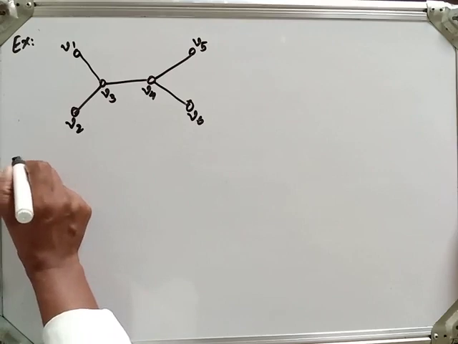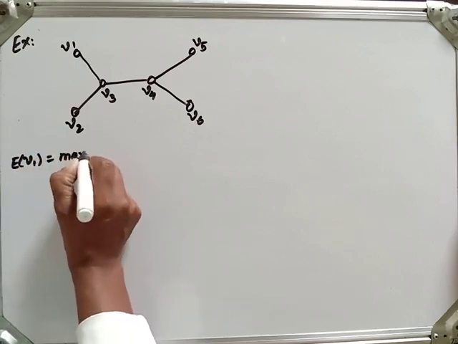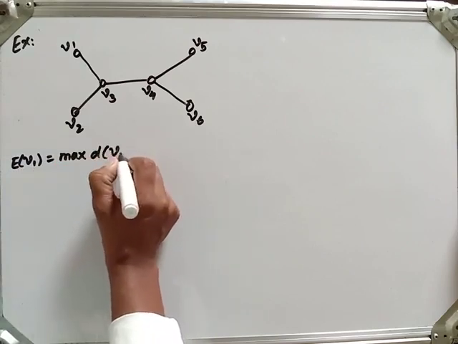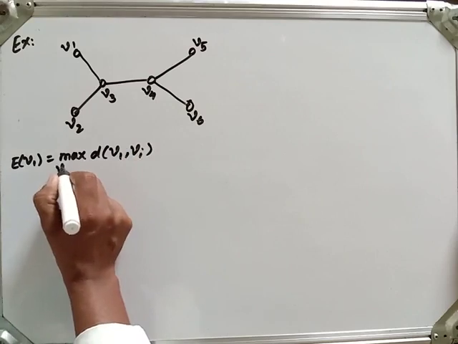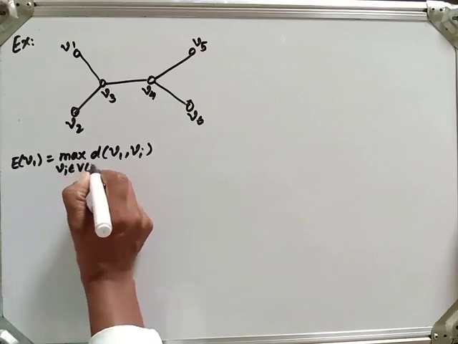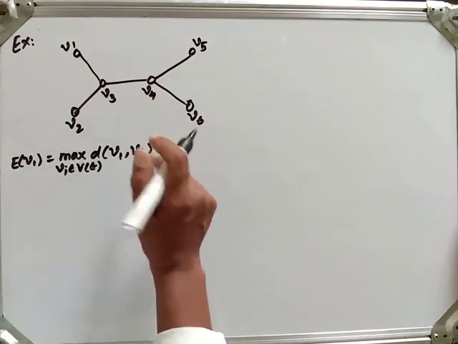So suppose eccentricity of V1, what is it? Maximum distance from V1 to other Vi, where Vi is from the vertex set of graph G. Now how many vertices are here? 6 vertices.